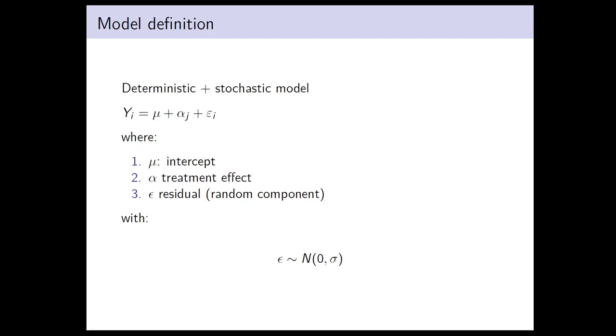Okay, so we have basically 2 effects acting on the overall mean: the treatment effect and the random effect. Everything else but the treatment. So, is this passage clear?